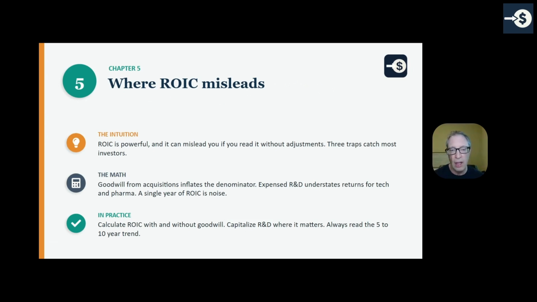So it's important to take all of these into consideration, and to understand the mechanics of how ROIC is calculated and how it connects to the income statement and the balance sheet. When you do all those things together, it gives you a clean, clear picture of what's going on with the business and how well the company is growing. All right, so let's move on to the next slide.